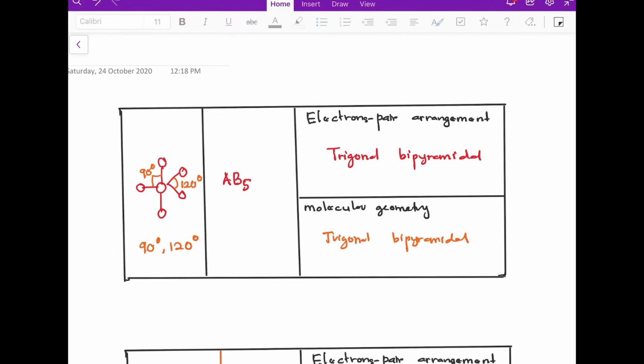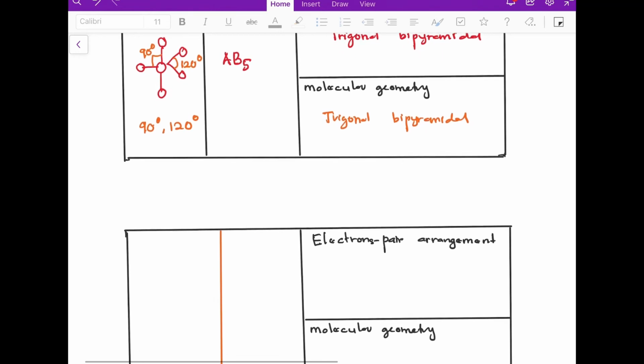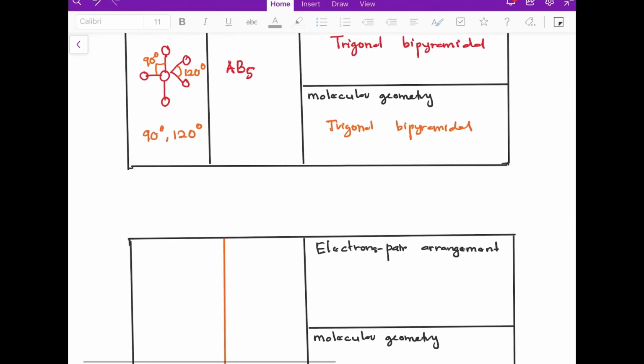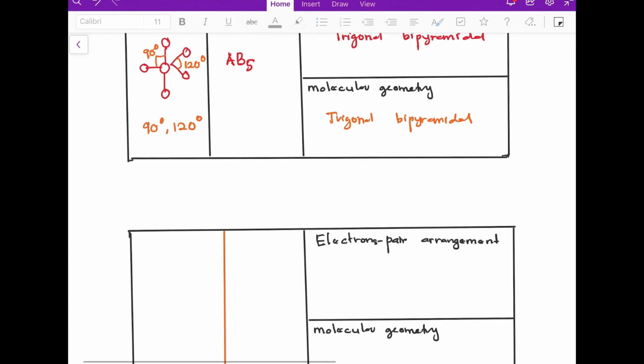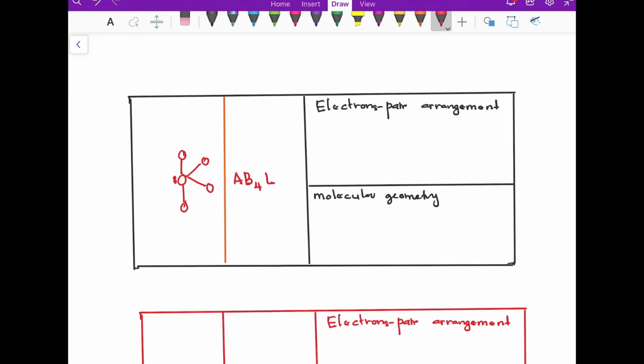Okay, now if one of the atoms is replaced with a lone pair, it will be located on the horizontal line because it wants to minimize the repulsion. So it will become like this. The general formula is AB4E.